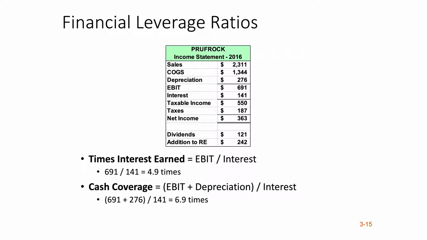Okay, so we add depreciation back, which will give you the operating cash flow divided by interest, 6.9. Just like those ratios, a lender wants the applicant to have a high ratio. They want a high ratio because it's safe. In this cash coverage ratio, they want more.